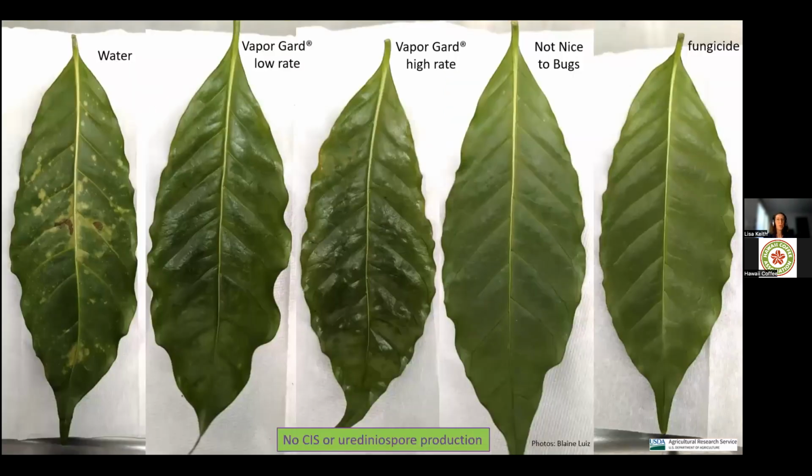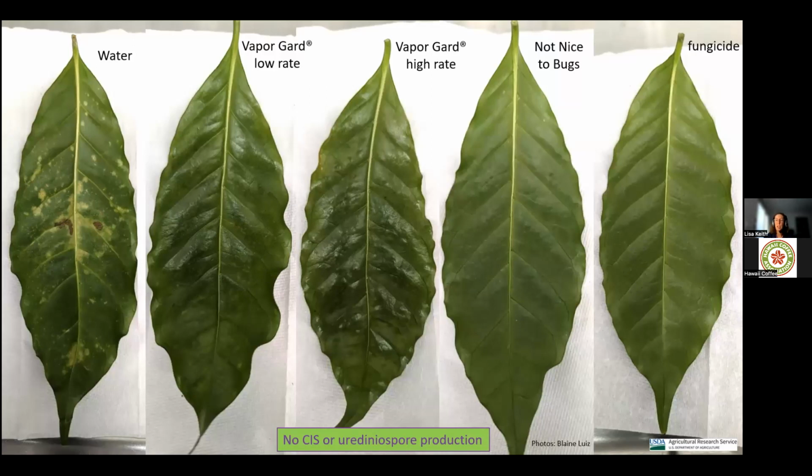This is just a quick summary wrap up with some pictures. You can see here the symptom development, spots and spore production, of a water control offering no protection on the leaf, compared to a standard fungicide all the way to the right, offering good control. Some of these products have some potential.